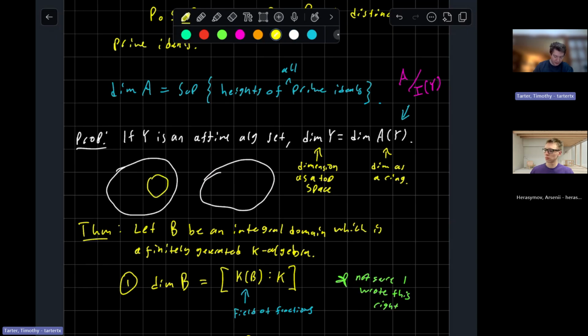If we have our little subset here that gets mapped over into our polynomials here, then all of the distinct stuff, which isn't in the yellow, these are all points, and these are going to be polynomials that don't vanish on the closed set.